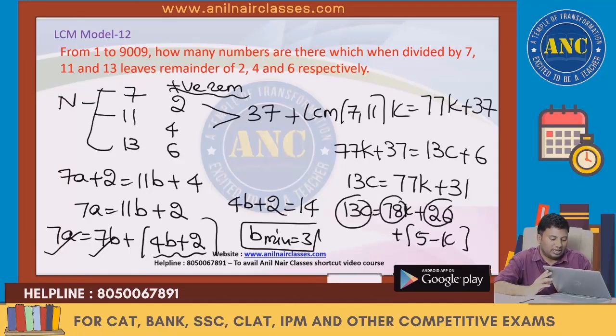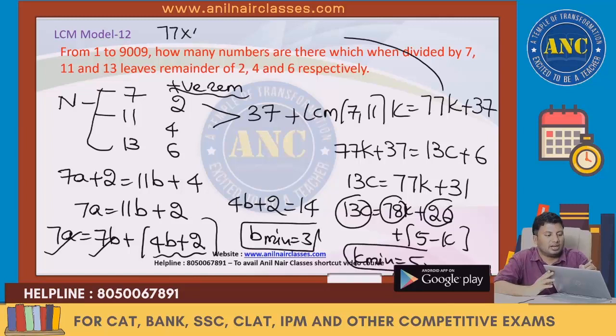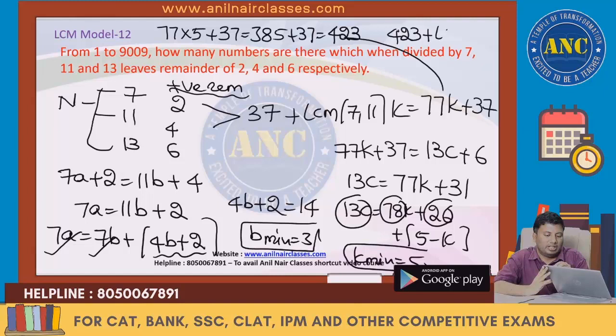K minimum value is nothing but 5. K is 5 means 77 into 5 plus 37, 385 plus 37, which is nothing but 423. Answer is nothing but 423 plus LCM of 7, 11, 13 into k.